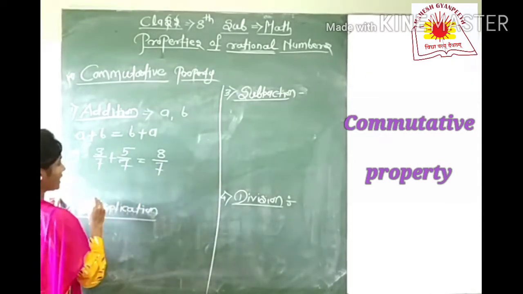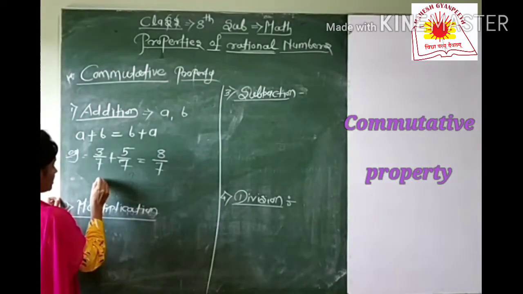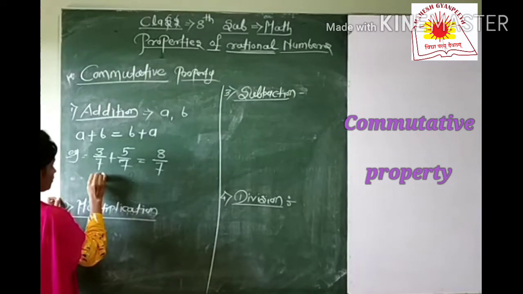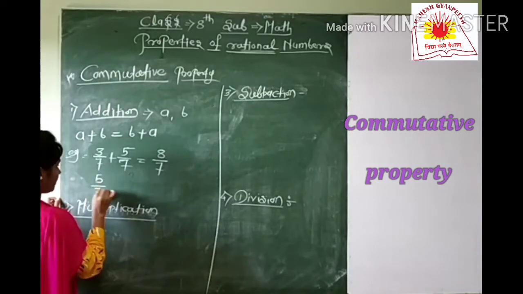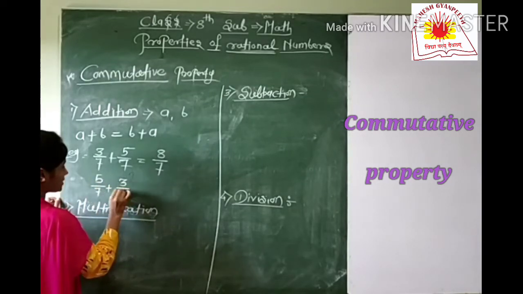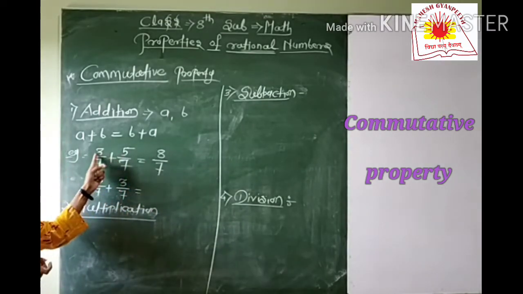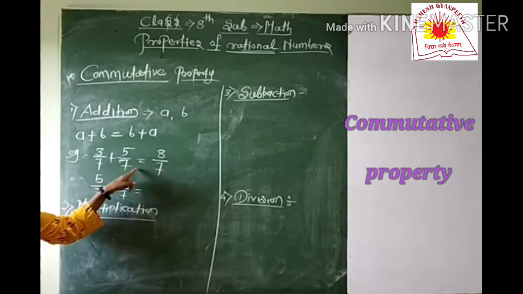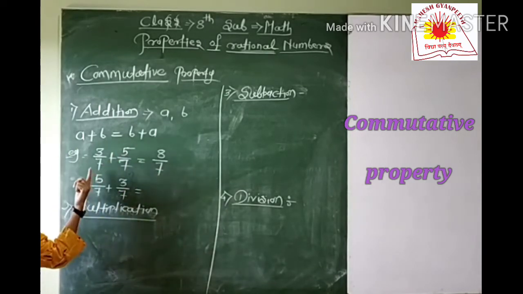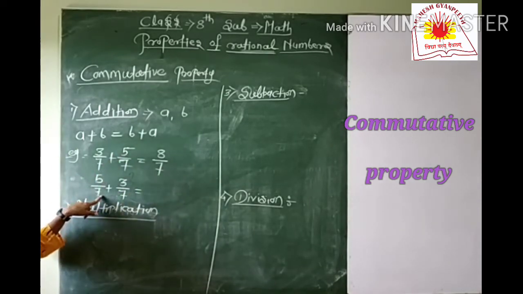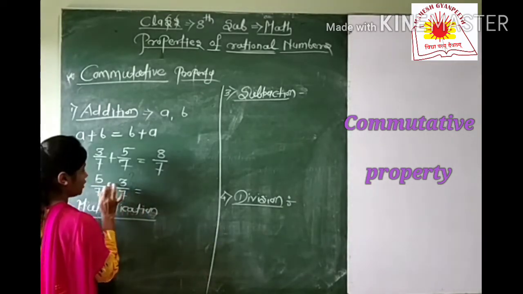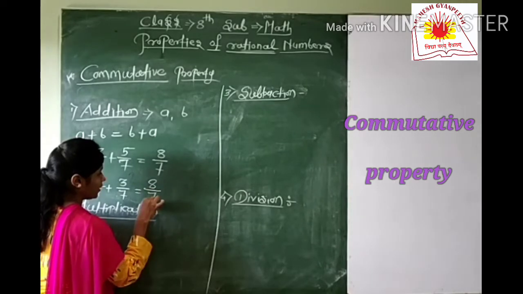If we extend their order, we write 5 upon 7 plus 3 upon 7. We transfer the second term to the first position and the first term to the second position. Then 5 upon 7 plus 3 upon 7, we add, and we get 5 plus 3, that is 8 upon 7.